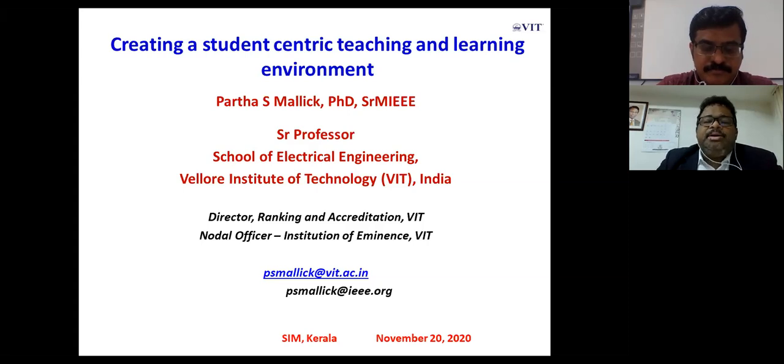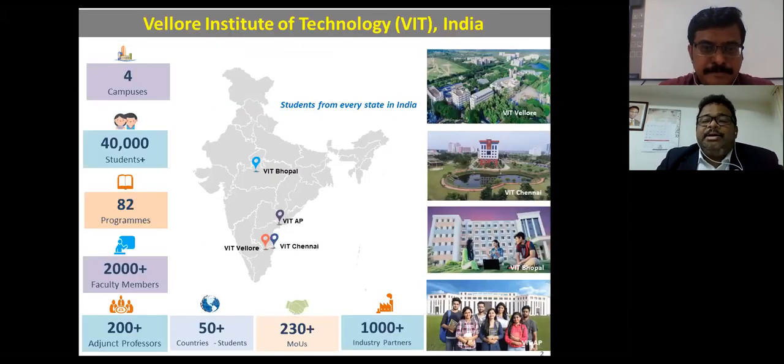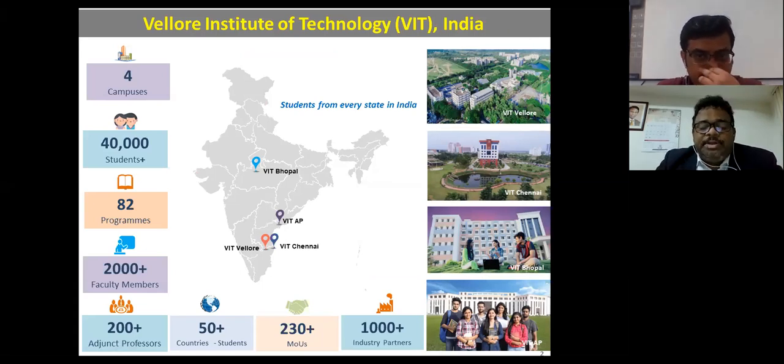About me, Professor Algin has already introduced. Before I enter, let me tell you about the institute in just 1 minute. You know about VIT, it has 4 campuses, more than 40,000 students and more than 2,000 faculty members, and we have students from 53 countries and all states of India.